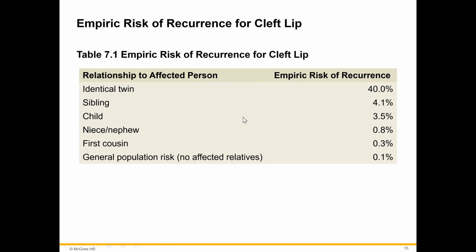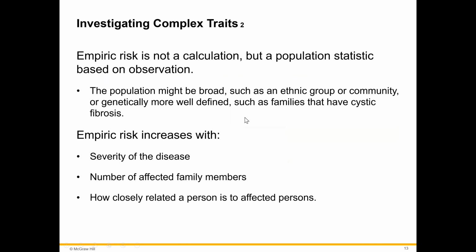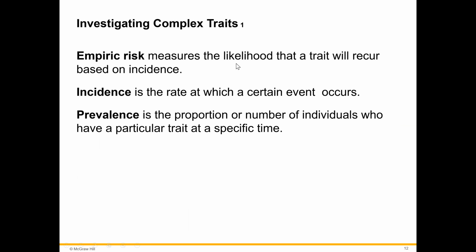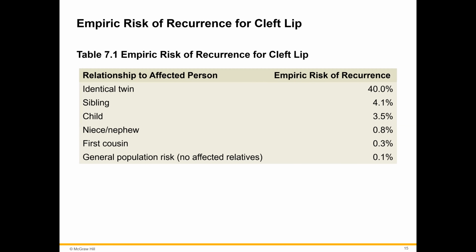That's our empiric risk. So go back over here. Empiric risk is the likelihood that a trait will recur based on incidence. So what is our likelihood that this trait will reoccur within identical twins? And it tells you 40%.